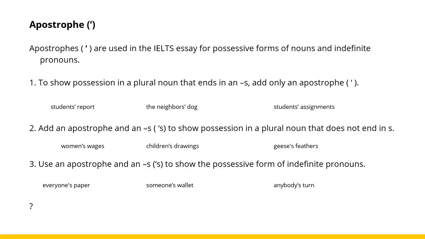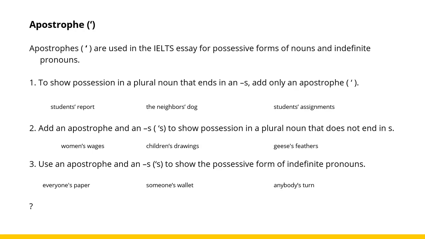Students' report: you say students in the plural form, and we only add the apostrophe. The next ones, the neighbors' dog and students' assignments. As you see, neighbors and students are all in the plural form. That's why we only add an apostrophe.